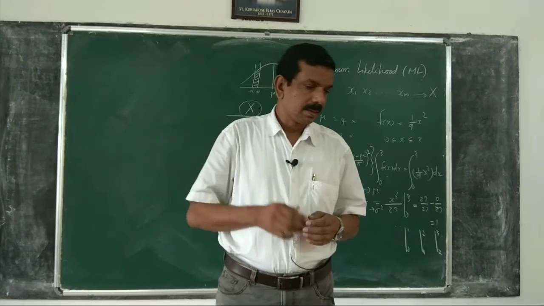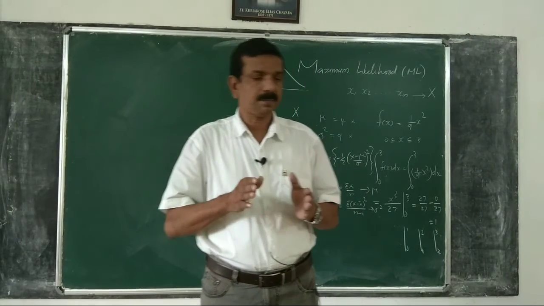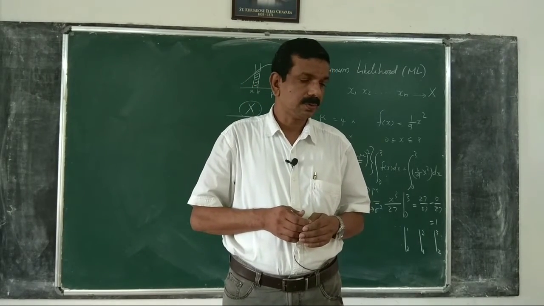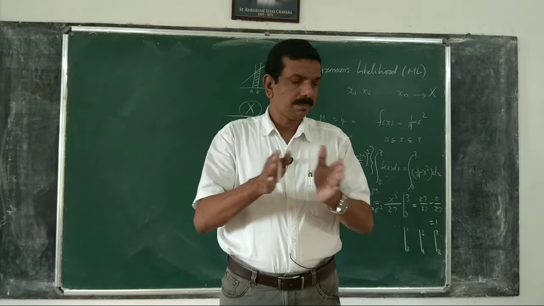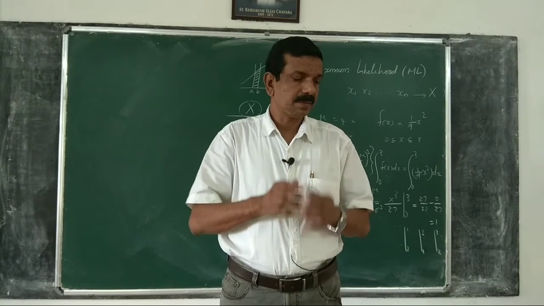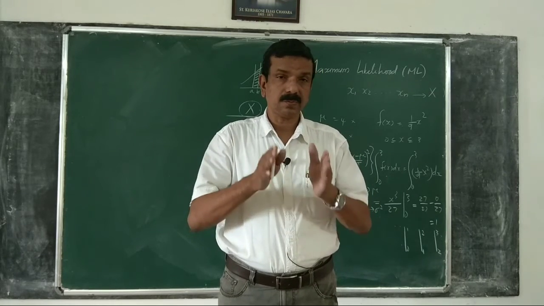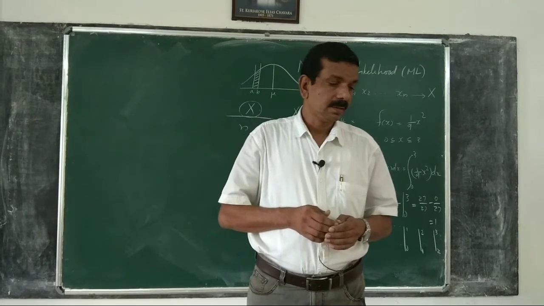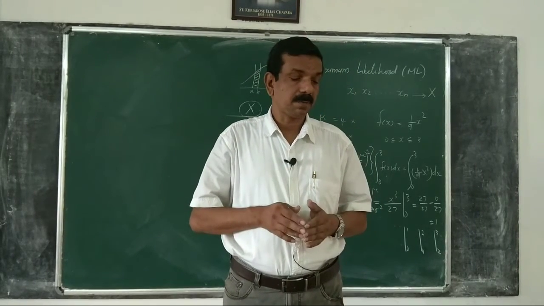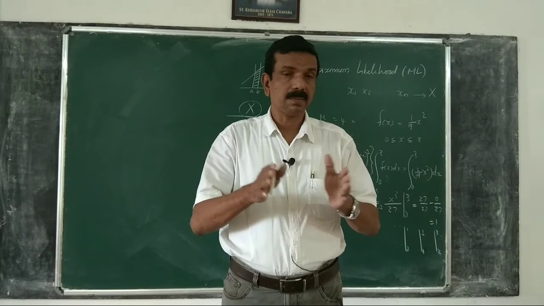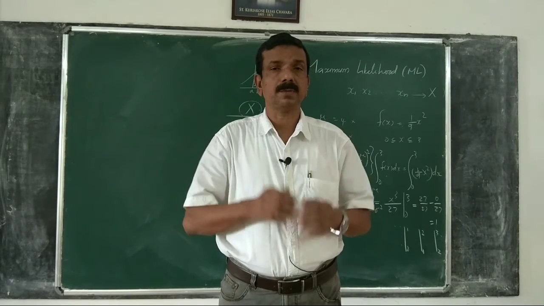In a more technical way, the method of maximal likelihood chooses among all possible estimates of the parameters those values which make the probability of obtaining the observed samples as large as possible.